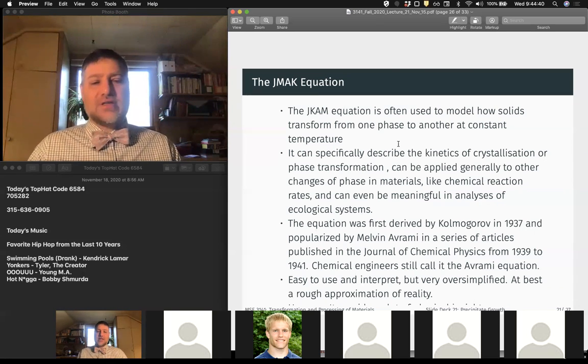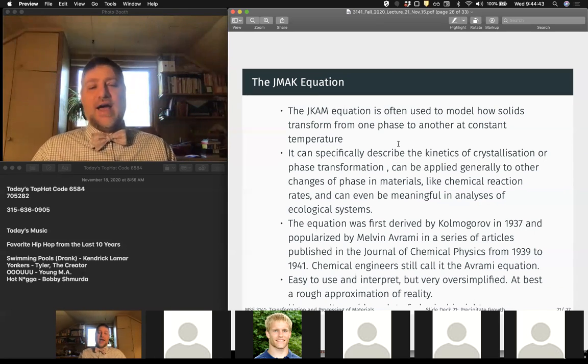And then a couple of years later, a guy at Temple University named Melvin Avrami, who is a chemical engineer, published a series of articles in 1939 to 1941 where he laid out the exact same theory, and that everyone noticed. So for many, many years, this theory was called the Avrami equation.